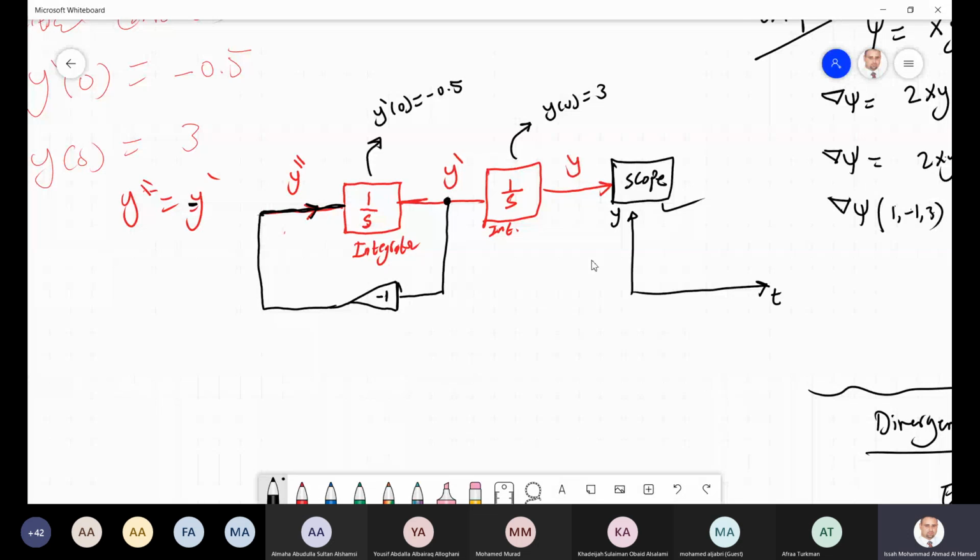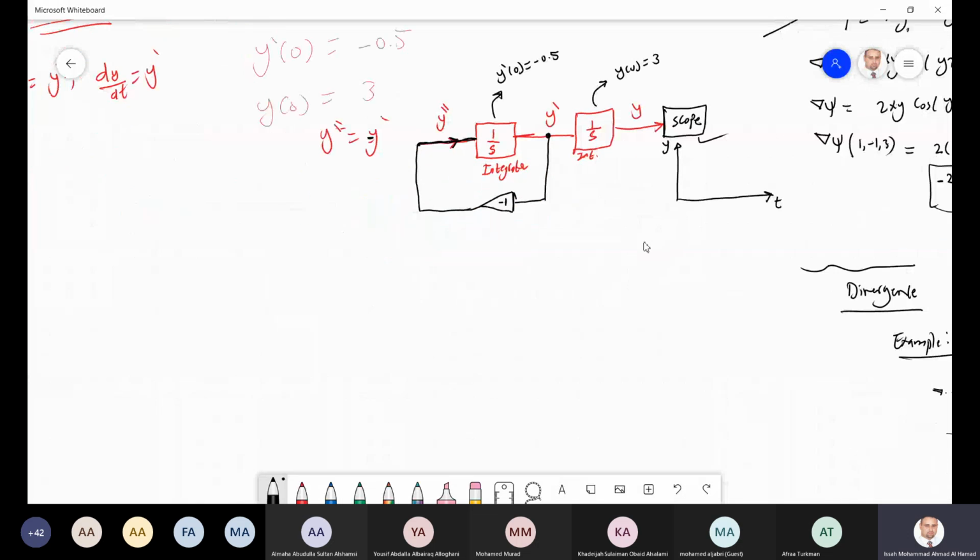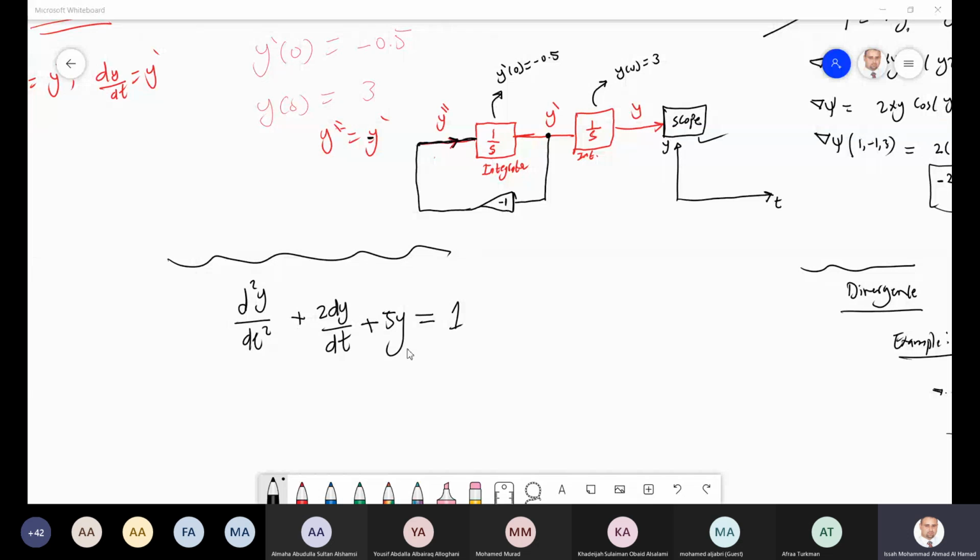طيب خلينا نجرب مثال آخر. Let's try another example here. نشوف كيف بدنا نحكي عنه أو كيف بدنا نفكر فيه. Then we will go to Simulink to do it. Let's say that d square y over dt square plus 2 dy over dt plus 5y equals 1.